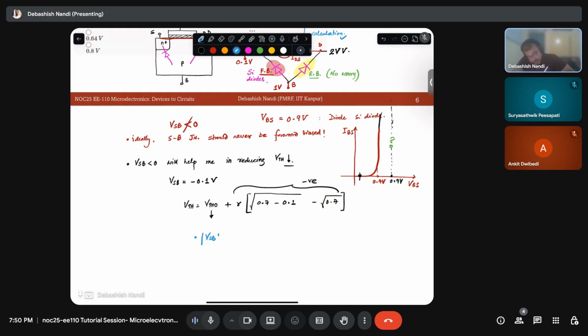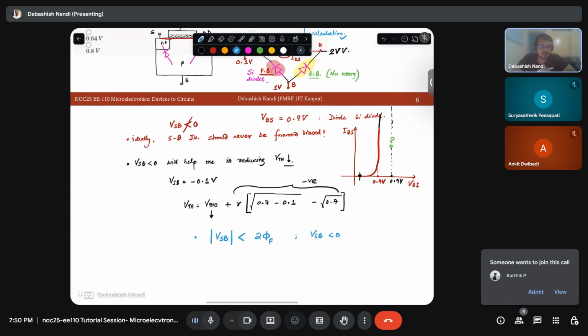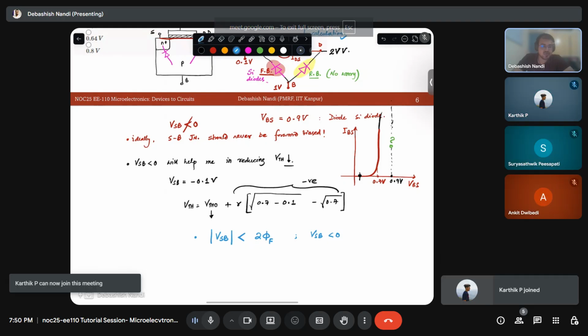So mod VSB, how do I put it? VSB less than 2ΦF. So when VSB is less than 0, it has to be less than 2ΦF. This is the condition we have to meet.